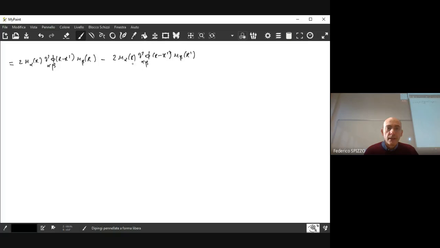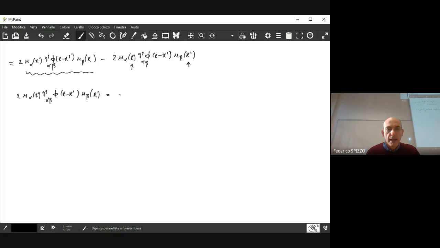If you notice here, we have coordinate r in the first place and coordinate r prime in the second place. Let's try to rewrite this term so that we have coordinate r in the first place and coordinate r prime in the second place. So we have twice u alpha of r, second derivative alpha beta of phi of r minus r prime, u beta of r.